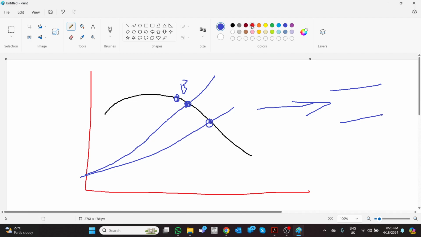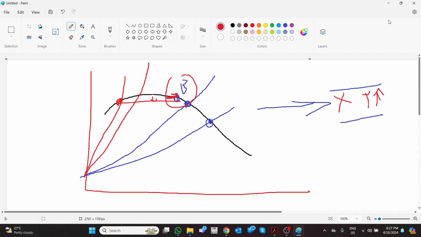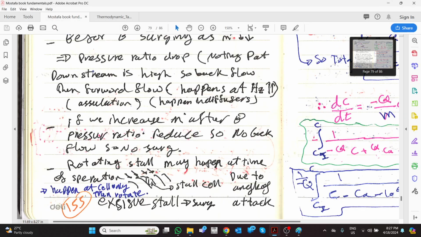But imagine if I go before B, or even like this. The pressure here, maybe, I didn't draw it correctly, will be less than the pressure at B, so the compressor cannot overcome the high pressure here. Surge will happen, which is isolation.